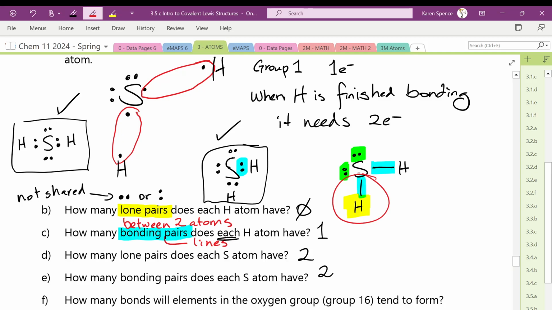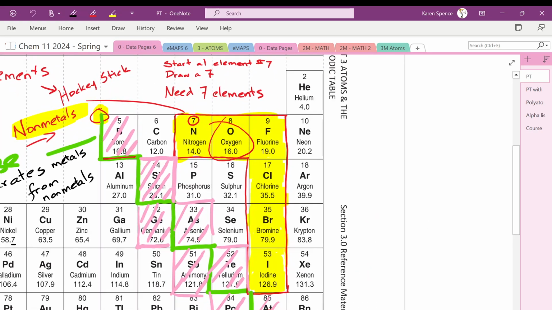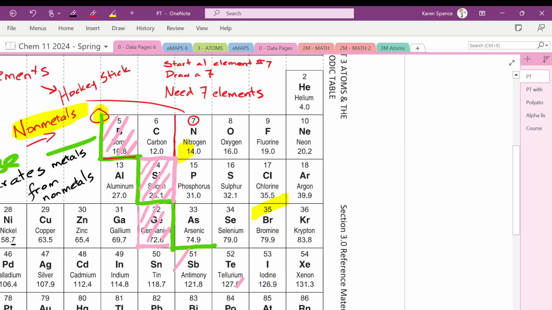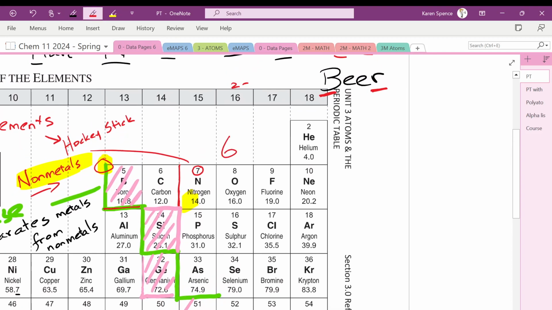Now, the oxygen group, if we go to our data pages and we look at oxygen, we can call it the oxygen group, but we could also call it group 16. Now, everybody in group 16 has 6 valence electrons.